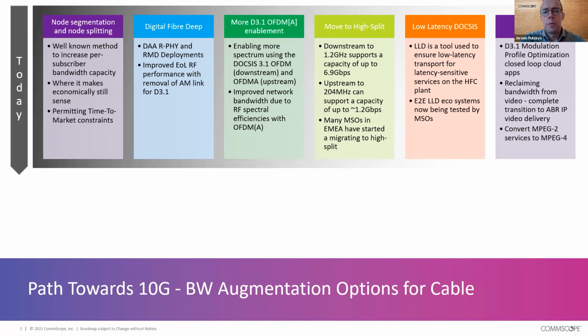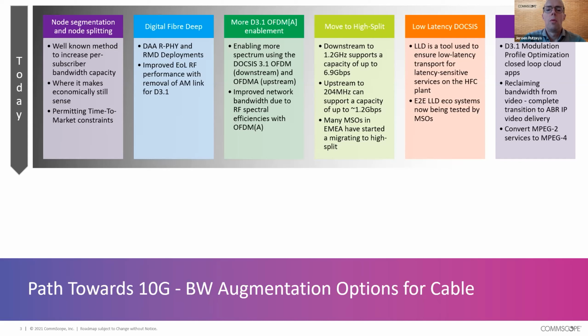Let me maybe talk a little bit more about DOCSIS 3.1. Obviously, a lot of customers have a very significant, sizable implementation of DOCSIS 3.1 across their networks, both in the downstream and the upstream nowadays.